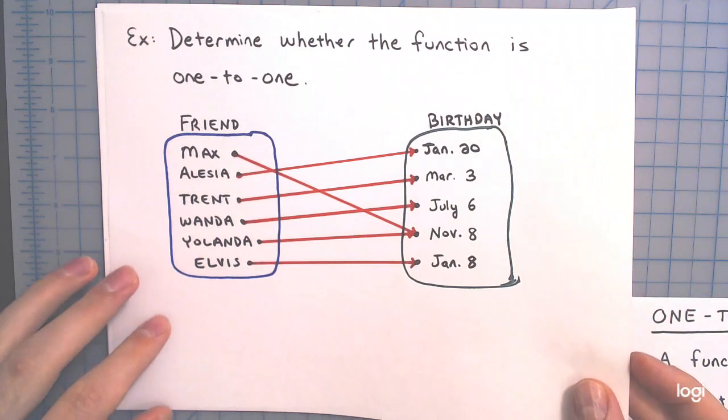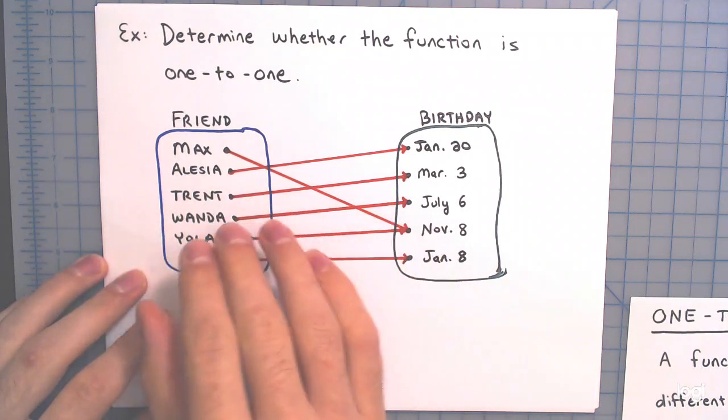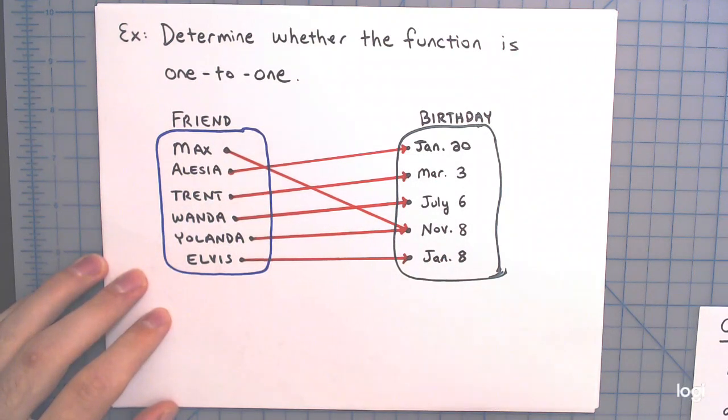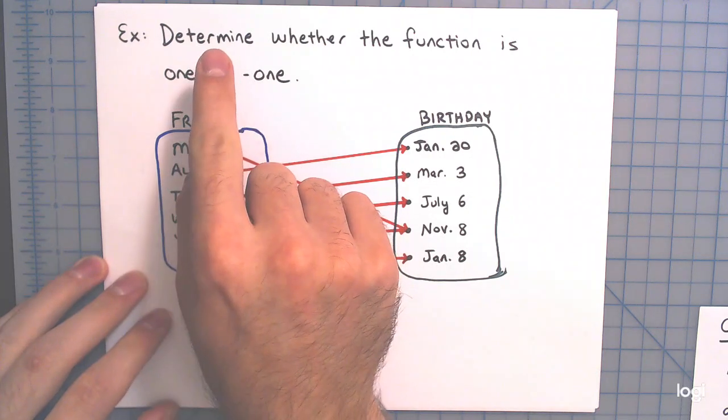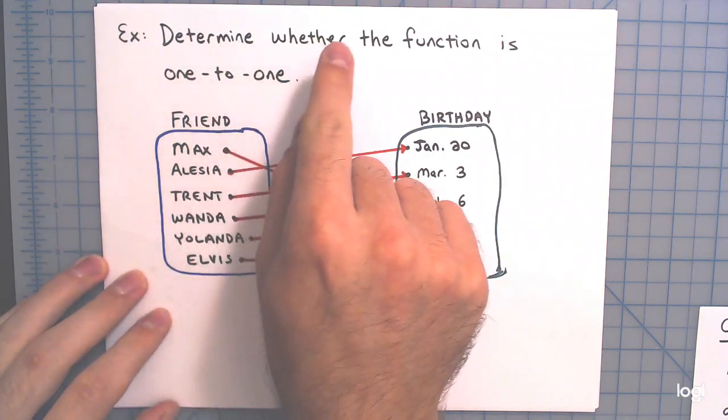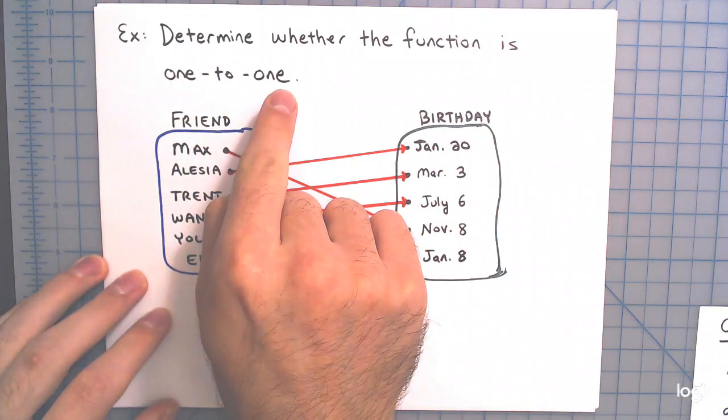Let's look at some examples. So my first example, I have a function that's just represented by a mapping, a little arrow diagram. In this example and my following examples, I'm simply going to be asked to determine whether the function is one-to-one.